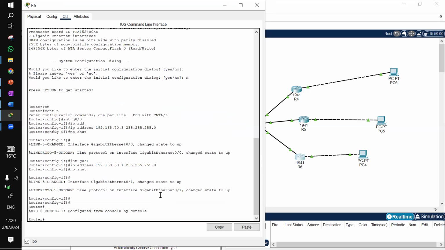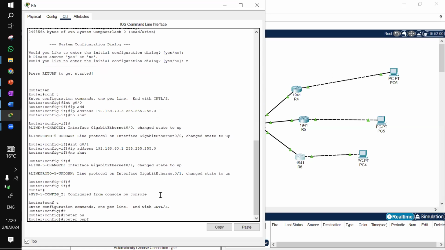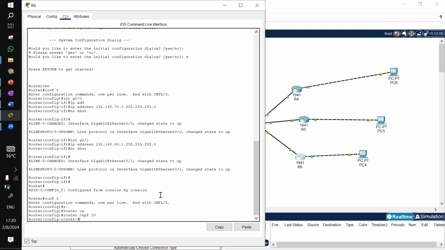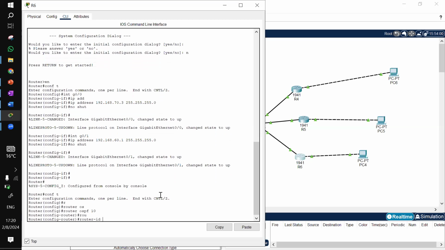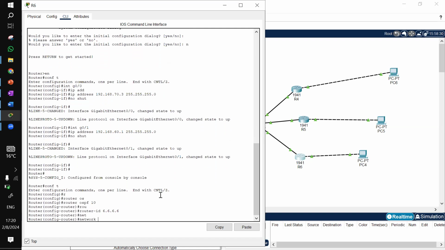Let's go to the last router. Config terminal, router OSPF 10. Router ID, that's number 6. That's 66666. Directly to my networks. So we have 192.168 dot.